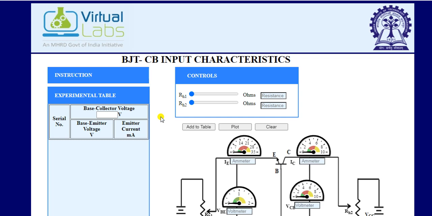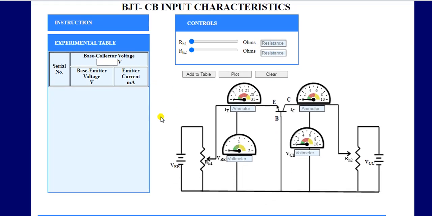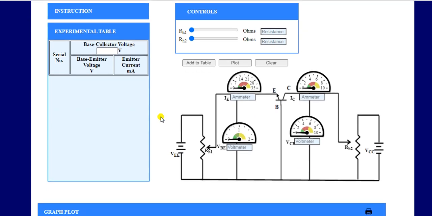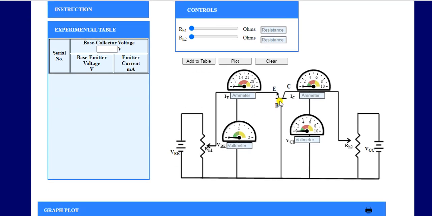So this is the circuit diagram of bipolar junction transistor for common base configuration. Base terminal is common between input and output. So the input part is emitter and base, and output is collector and base.